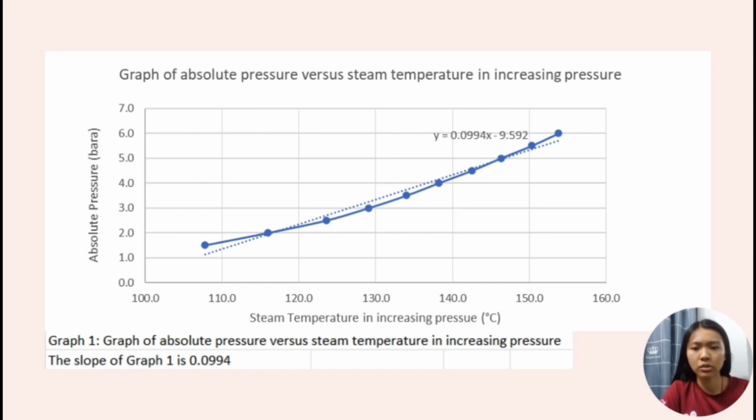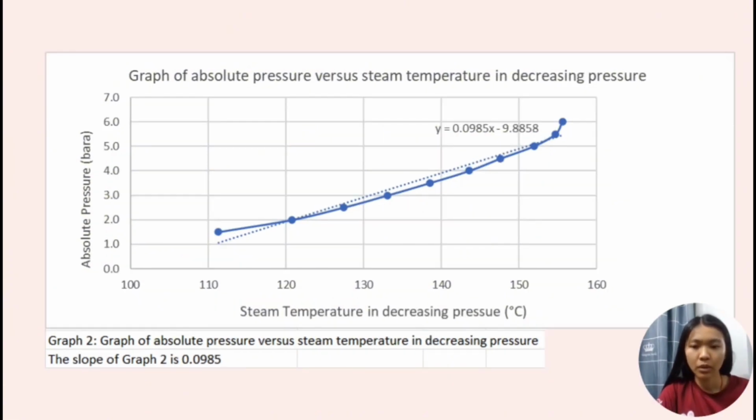Graph 1 shows the graph of absolute pressure versus steam temperature in increasing pressure. The slope of Graph 1 is 0.0994. Graph 2 shows the graph of absolute pressure versus steam temperature in decreasing pressure. The slope of Graph 2 is 0.0985.